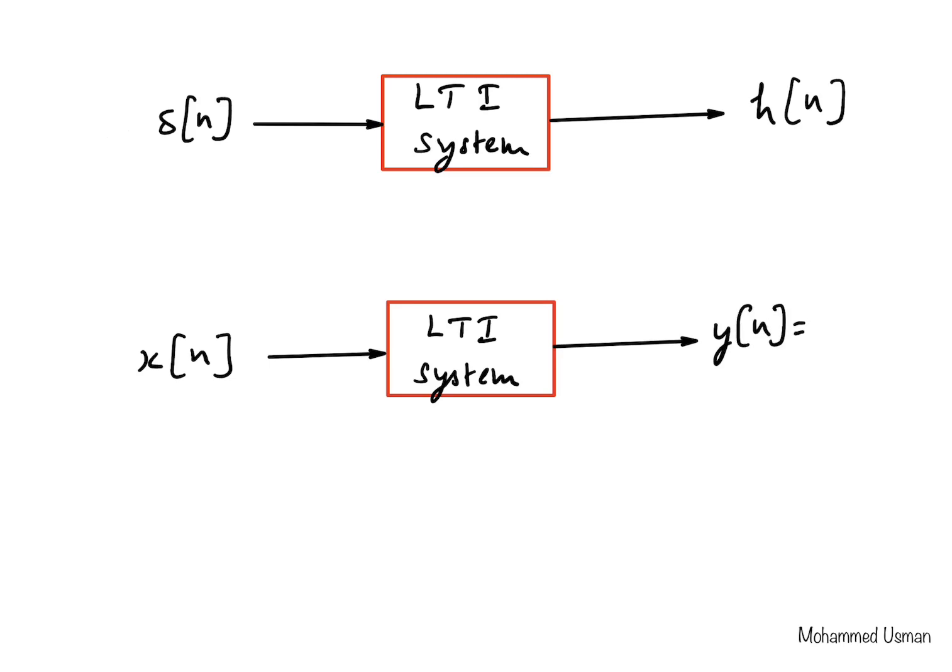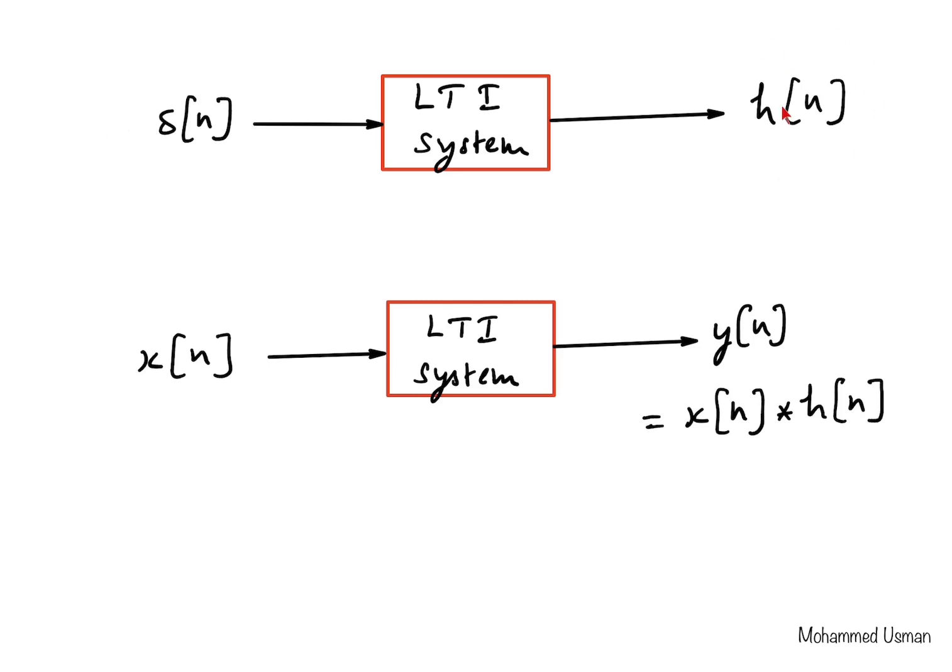So the output y of n here is nothing but, let me write that clearly, y of n is equal to x of n, which is the input x of n convolved with h of n.